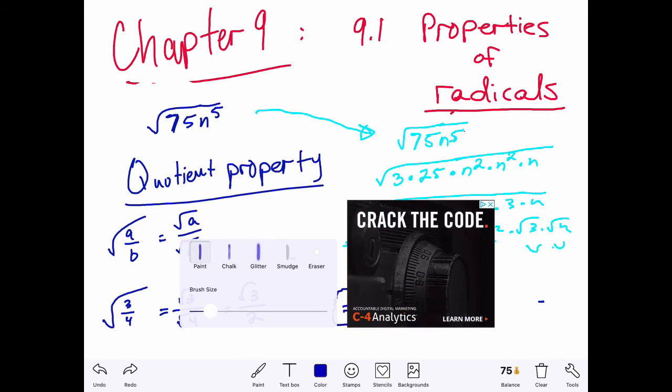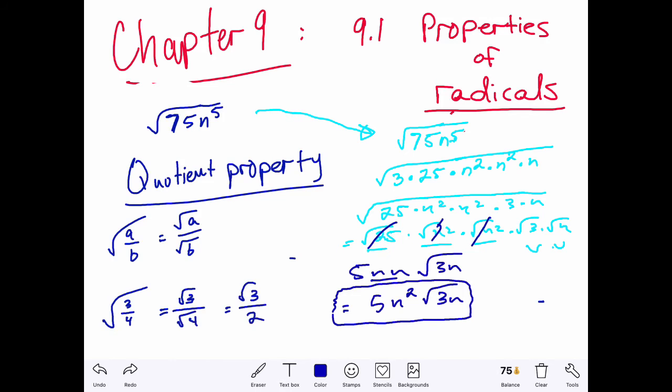Okay, so let's also look here at the quotient property, which is that the square root of a over b is the same as the square root of a over the square root of b. In other words, just like we did with the products, we can do with the quotients. If they're both underneath the radical, we can apply that radical to each of the quotients individually.